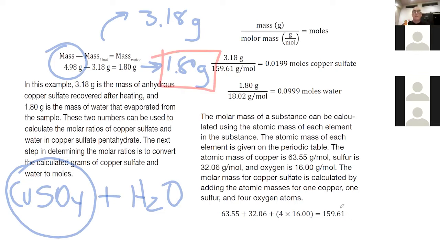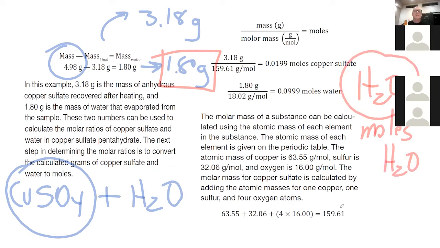Then we figure out how many moles of water that is. So we take our mass that's been lost, assume that's water, and turn it into moles of water using the molar mass of water. The other number, our mass that's left, we have to assume that that's just copper sulfate.